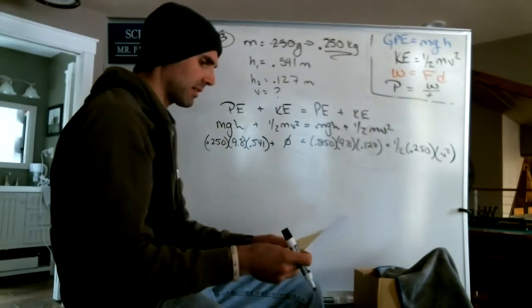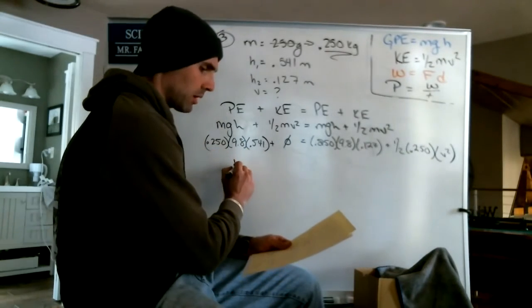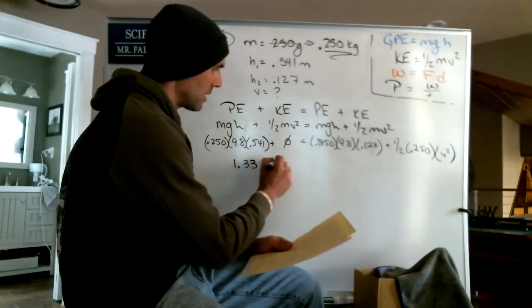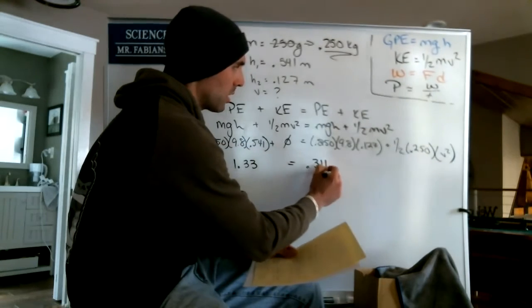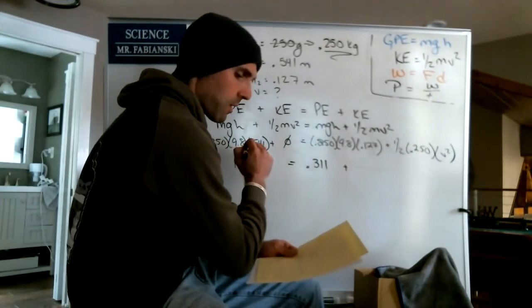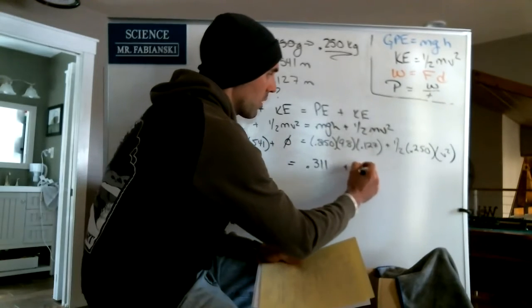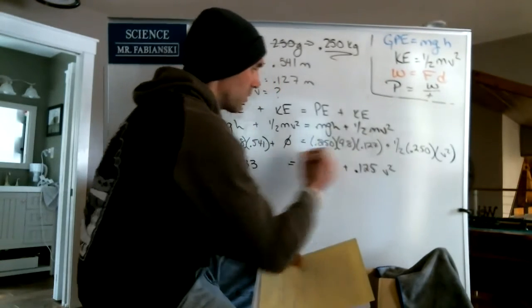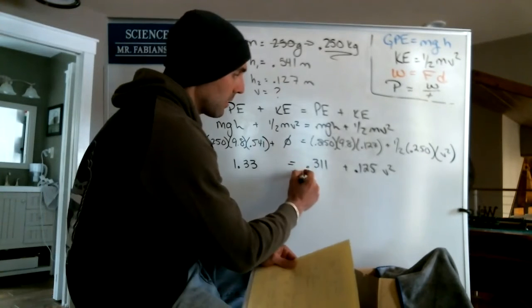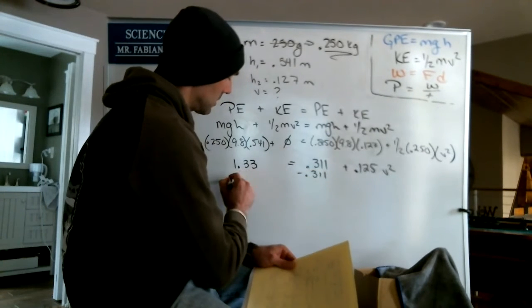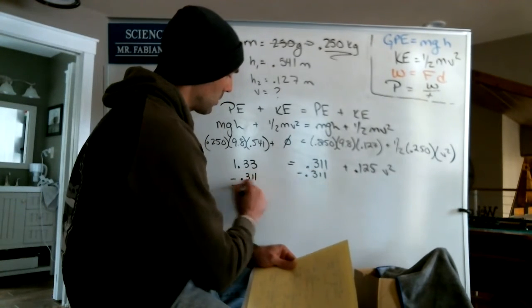Doing this out, let's get a little math in here. This is 1.33 equals 0.311 plus 0.125 v squared. First thing we have to do is subtract the 0.311.